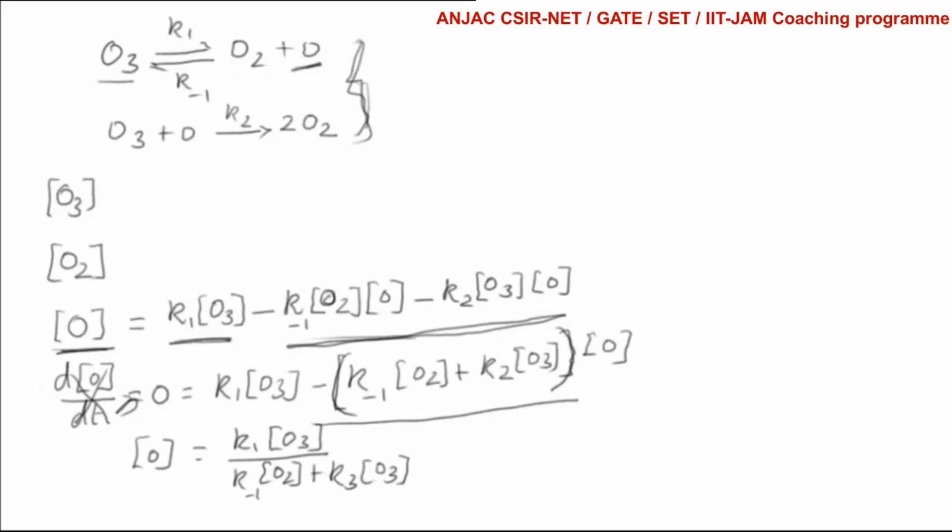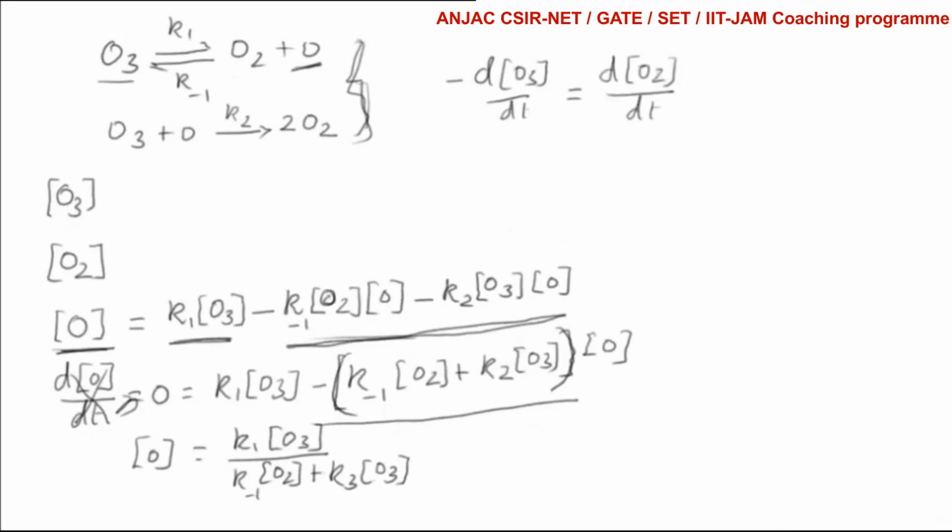And what is the rate law equation? How to find the rate law equation? Here the slowest step is not given. We will give it in terms of minus d[O3]/dt, the rate of consumption of ozone, which is equal to the rate of formation of O2, d[O2]/dt.